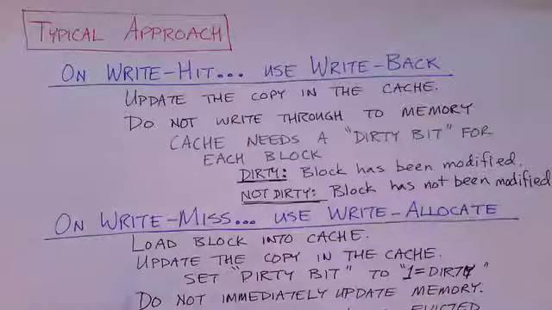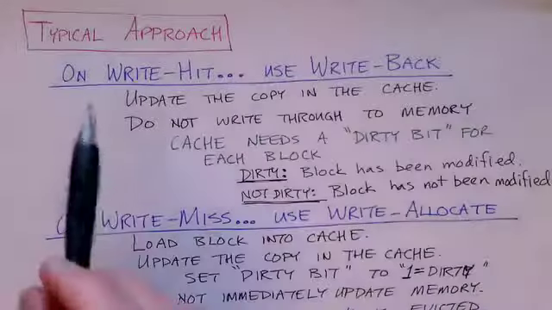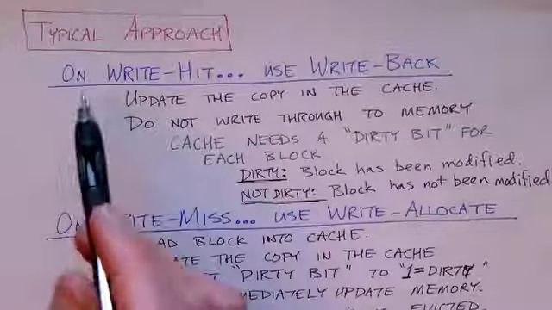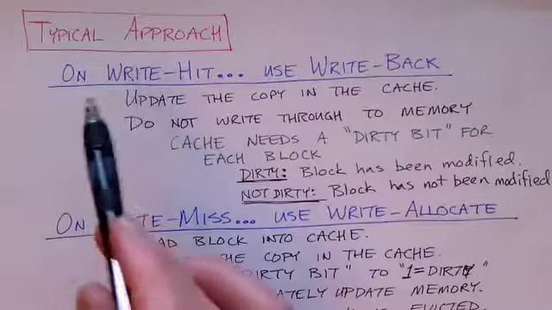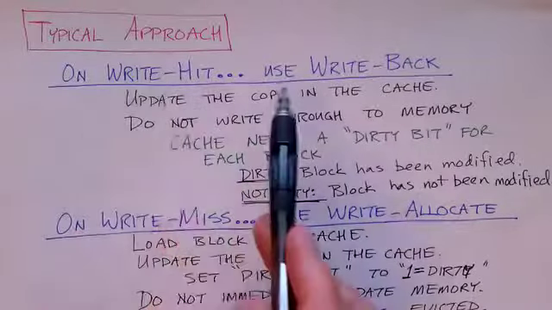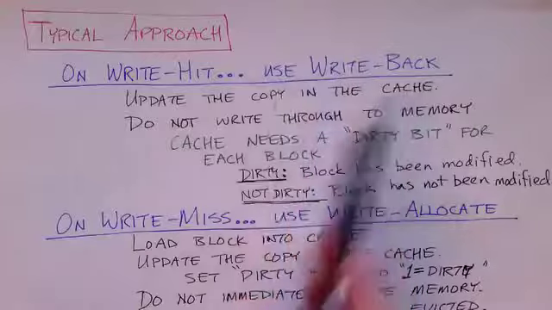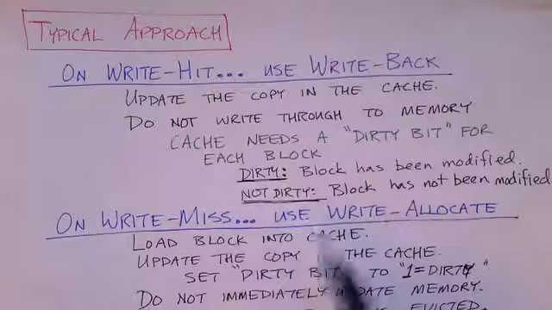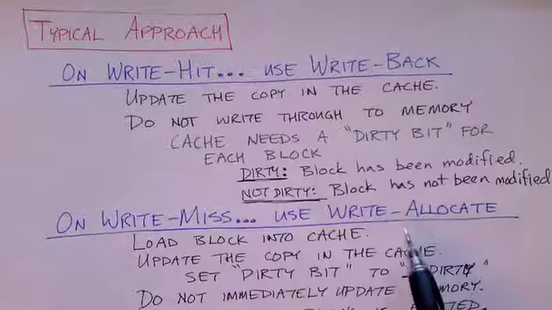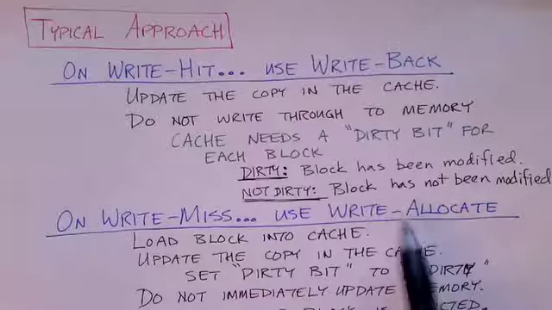Which of these strategies do caches actually use? Well, typically they do this. On a write hit, they use write back, and on a write miss, they use write allocate. Although the other alternative sometimes happens.